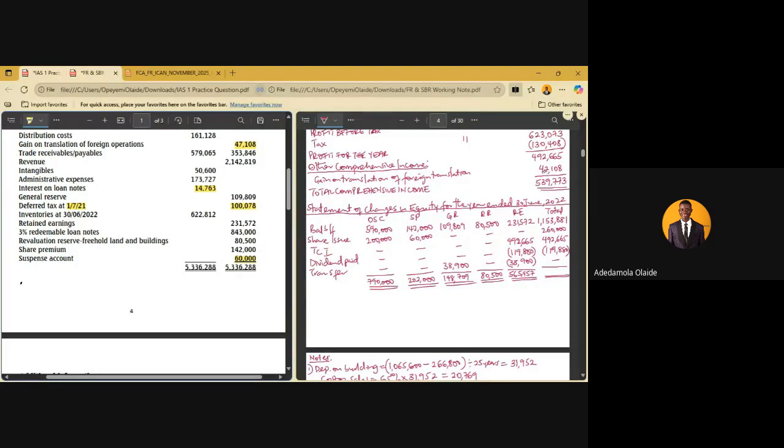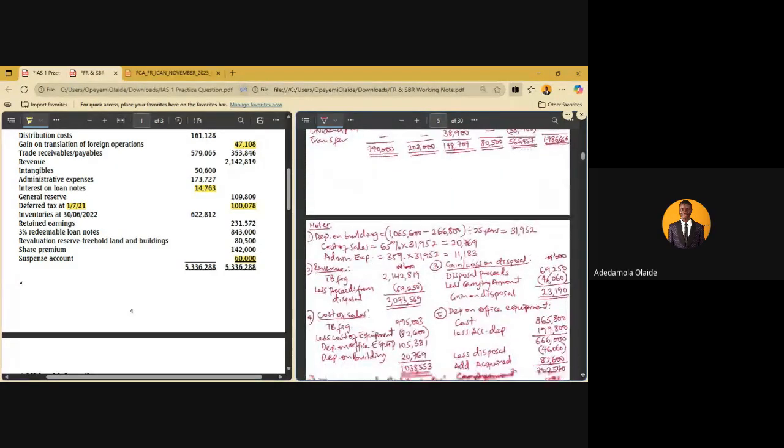Yes, it is part of our other comprehensive income for the year, but it will not go to our revaluation reserve. Are you getting me? Yeah. 178,666. Okay. That means 6 in 4 places, abi. 36, 36. Yes, sir. So that is that.